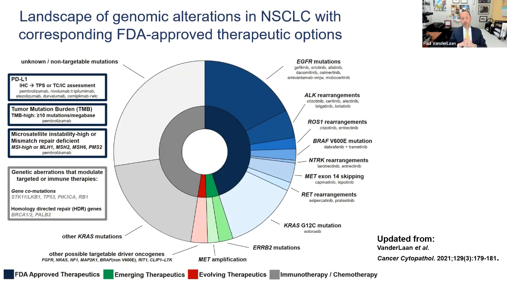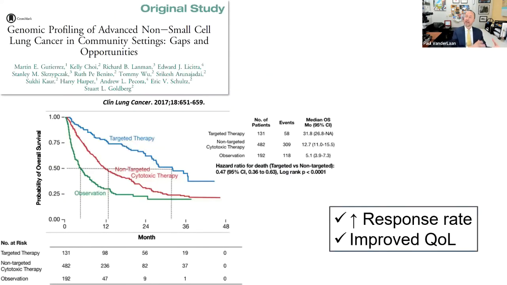And so it's been really gratifying over the past decade to see this pie chart filling in with different subgroups of non-small cell lung cancer that can be treated effectively with targeted therapies. Keeping in mind that there are emerging and evolving therapeutics coming down the pipeline as well. And so you're thinking about why is it so important to do this biomarker testing.